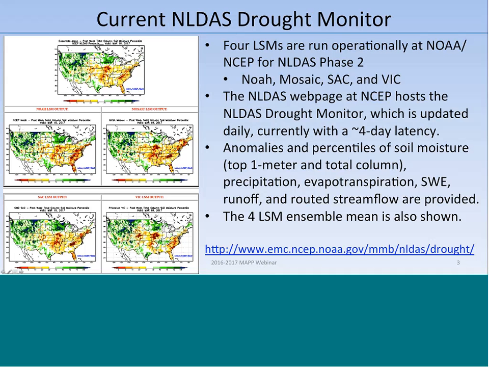Those are the 4 existing models, and this is an ensemble mean of soil moisture percentile for the total column soil moisture. This is just one example of the type of products that are used for drought monitoring from the North American Land Data Assimilation System. And here's a URL if you want to click on that. You can see the actual current products.